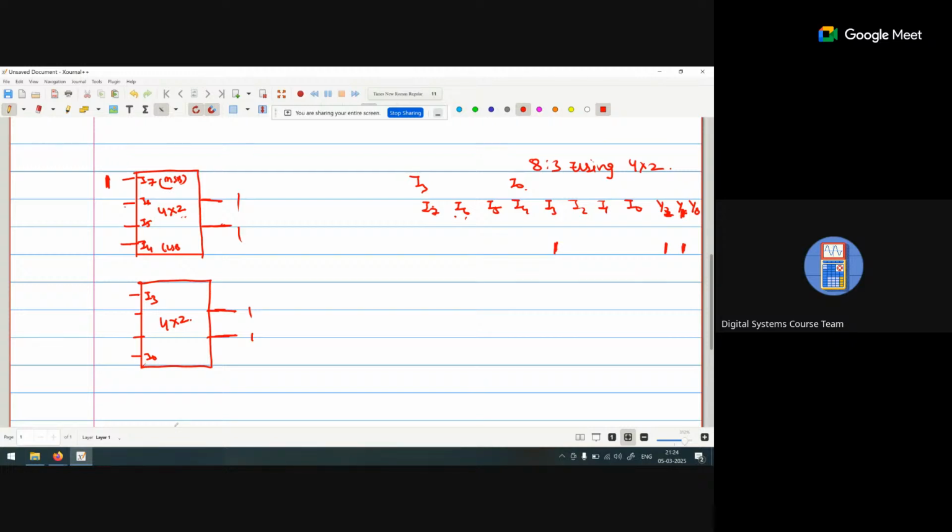So if I consider this as Y0 and this as Y1, we are getting 1 1. But what about the I7 case? Now the I7 case will fail. So what we do here is we control the operation of these two using the enable.